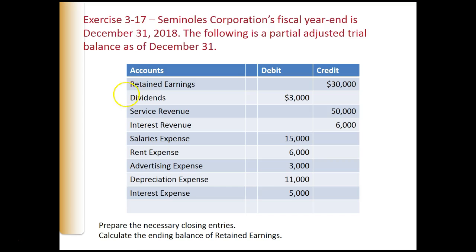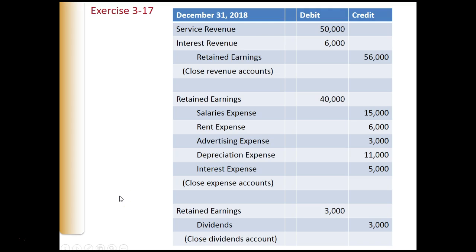We look back, our expenses have normal debit balances. To close them out, we are going to credit them. So we credit all of our expenses: salaries expense of $15,000, our rent expense of $6,000, our advertising expense of $3,000, depreciation expense of $11,000, and interest expense of $5,000.